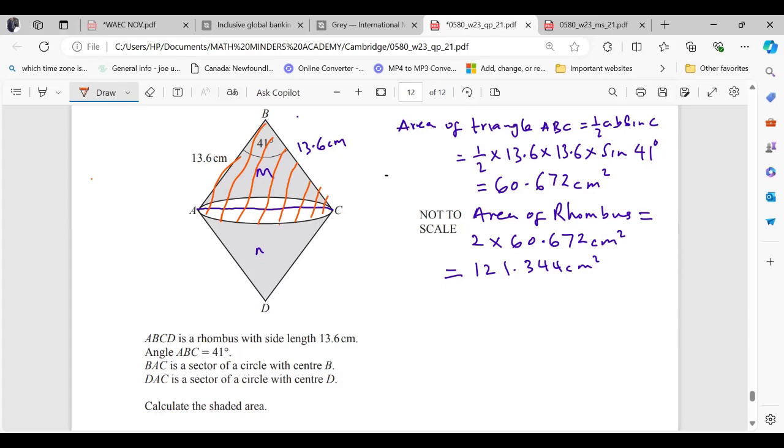So we need to get the area of the sector. Area of sector is theta over 360 times pi r squared, which will give us 41 over 360 times 3.142 times 13.6 squared.